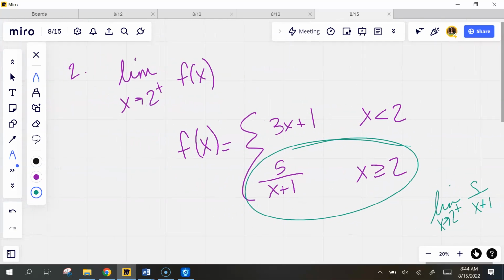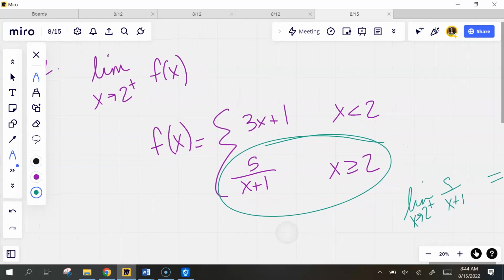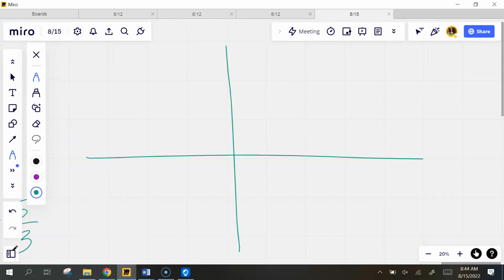No, not if you're asked just to find the limit now. You're doing a lot. Look at this graph. I'm trying to model these after your quiz so you'll know what to expect.